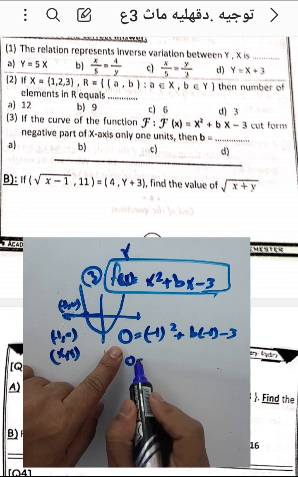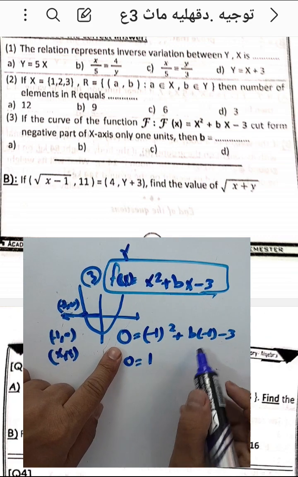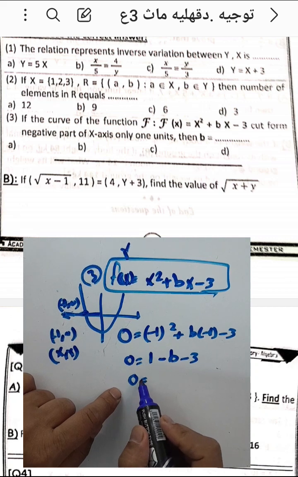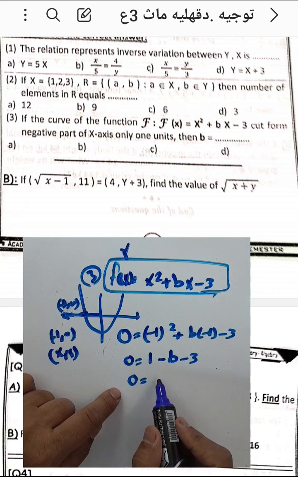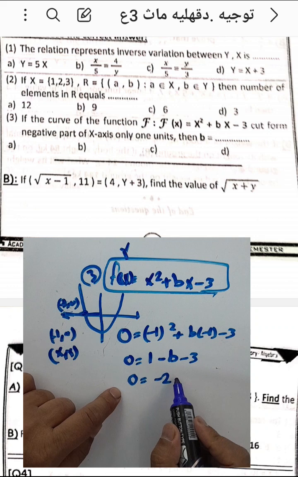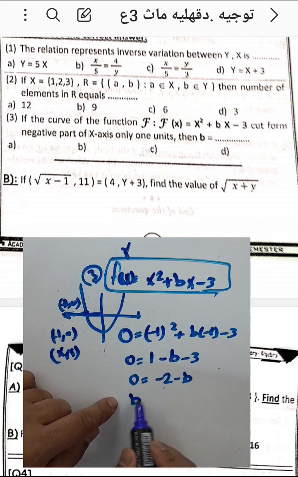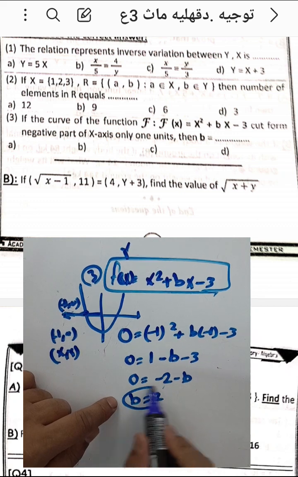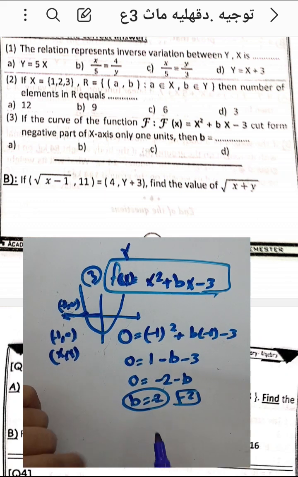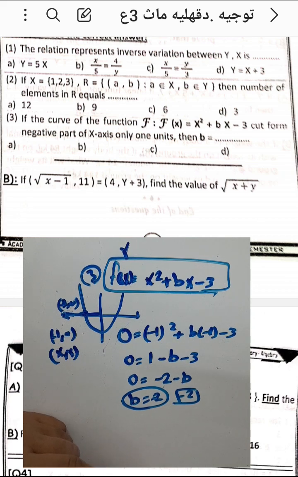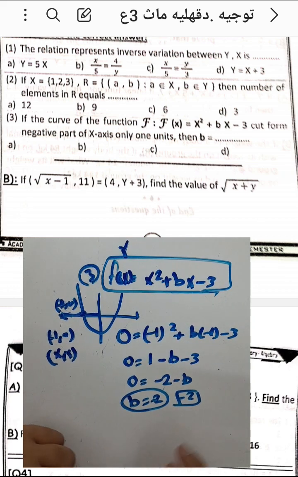Negative 1 power 2 will be 1, b times negative 1 will be negative b, and 0 equal 1 minus 3, it will be negative 2, then we can write negative 2 minus b. Move this number to the other side, then b will be equal negative 2. The result will be negative 2. The value of b. Okay, should write here negative 2.